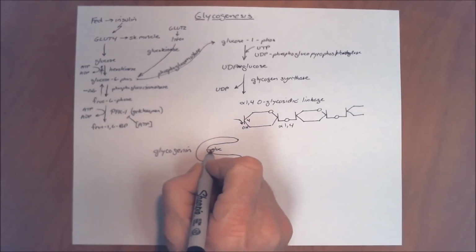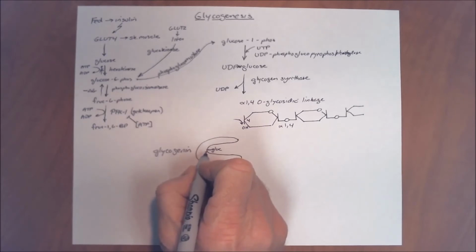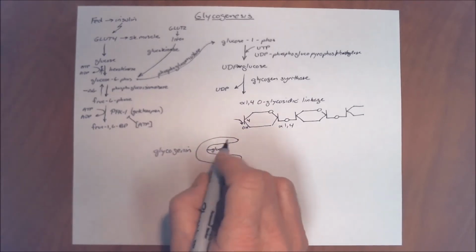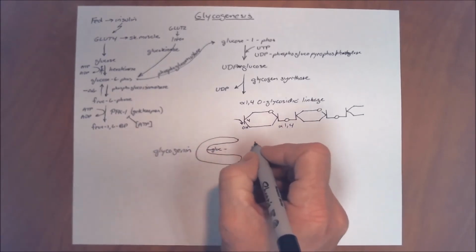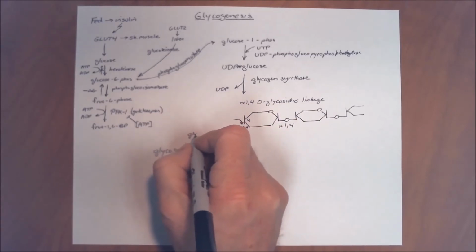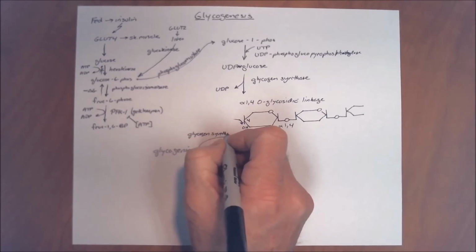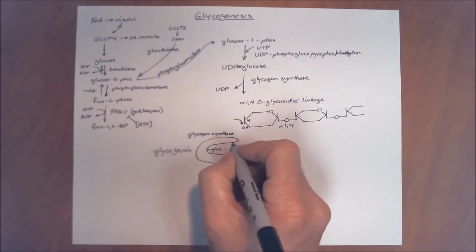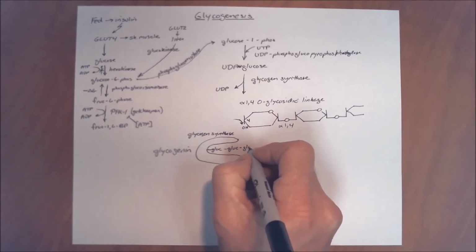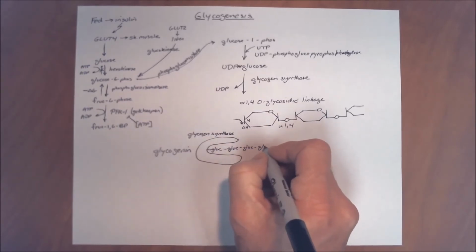This is covalently coupled to the protein. And then the glycogenin molecule has glycogen synthase activity. It is not glycogen synthase, but it has the activity so that it is able to add glucose in a polymer.